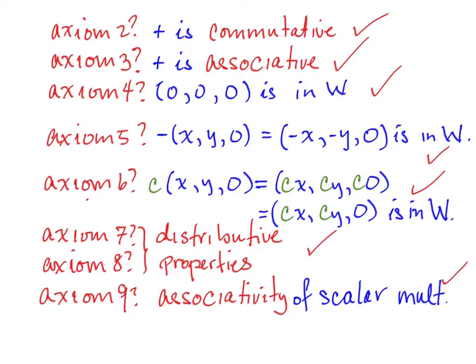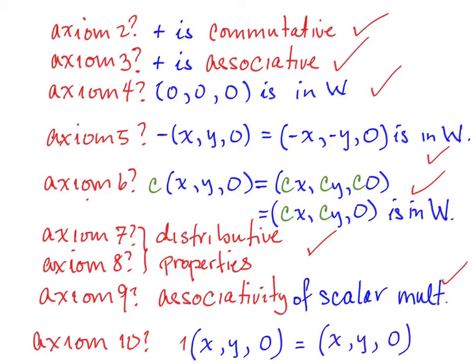We already know that it has these properties. And then the last one: we want to make sure that when we multiply a vector in our subset by the scalar 1, we get the same vector. And we do, because we're just using scalar multiplication on R3. We're multiplying each component by that scalar. So because we already know it's closed under scalar multiplication, we get this one for free too.